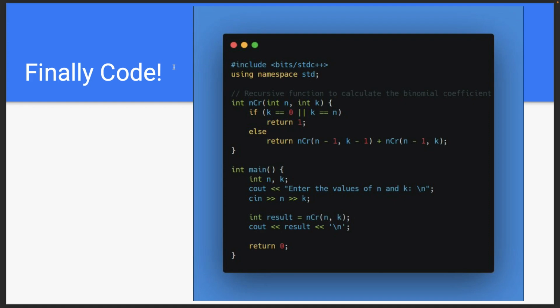But if it was not the case, the answer would be choosing k minus 1 out of n minus 1, plus choosing k out of n minus 1. That was the formula we saw in the slides. So is it clear? It's a recursive function.